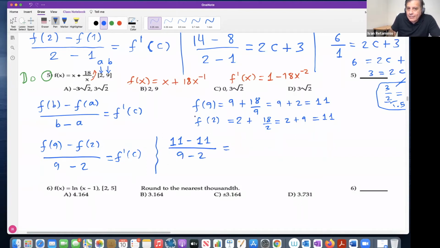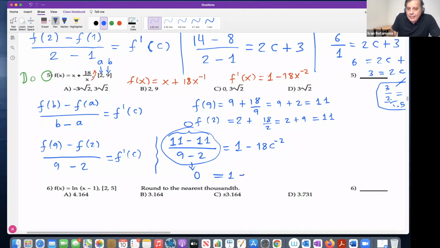And on the right side is going to be the derivative. The derivative, I have it here, 1 minus 18 x raised to minus 2, but I'm evaluating my derivative at c, so c raised to negative 2, right? Good news here, 11 minus 11, 0. So this whole thing, 0, right? 0 divided by 7, 7 into 0, 0.